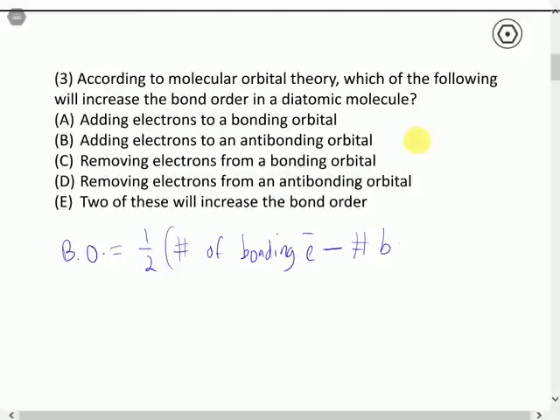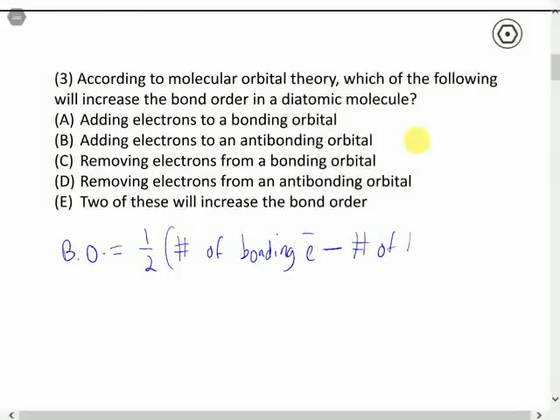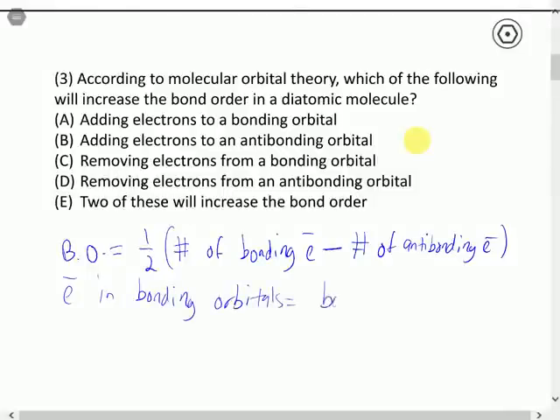So we have a minus term for the number of anti-bonding electrons. As I just finished saying, if you have electrons in bonding orbitals, the bond order increases.